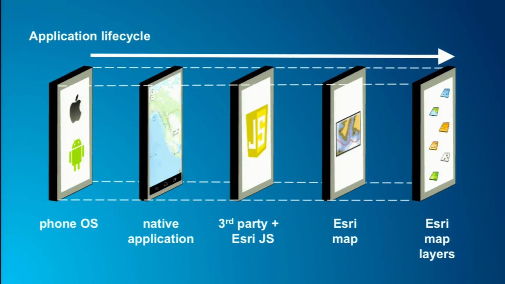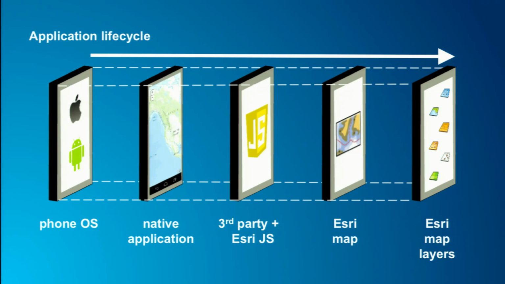So just a little bit about the application lifecycle, very similar to what we had before with the Cordova architecture, except now we're adding more into that. You have the phone operating system loads up, the native application loads, then your application code loads, plus any third-party libraries that you're using, like the Esri JavaScript API or some other JavaScript library.